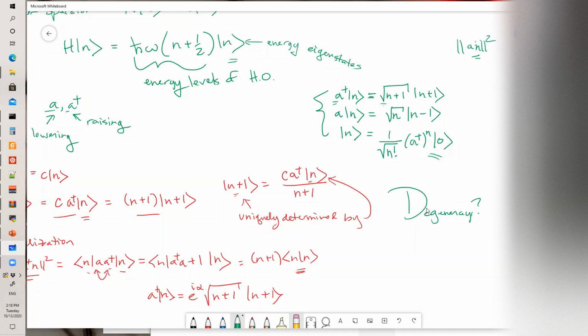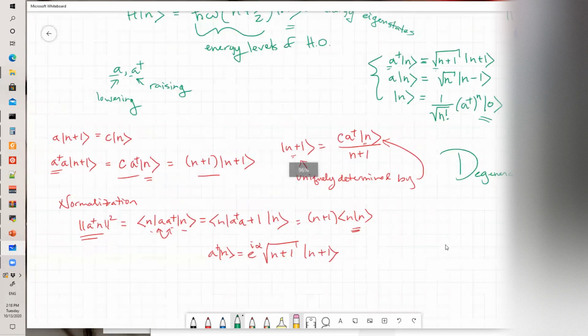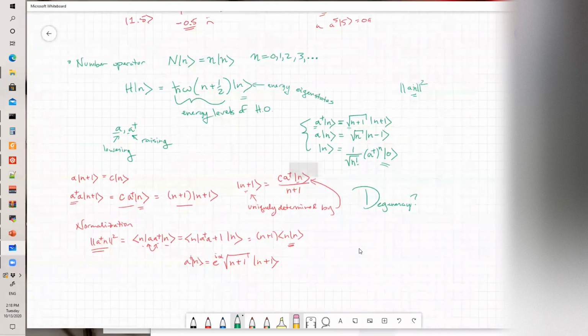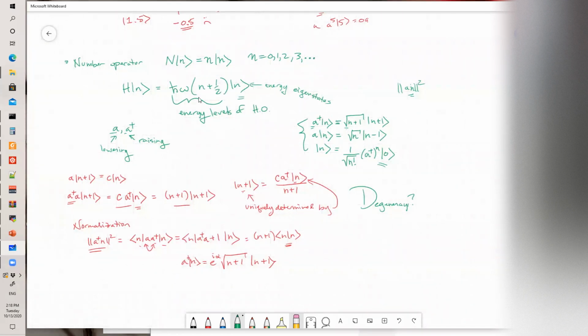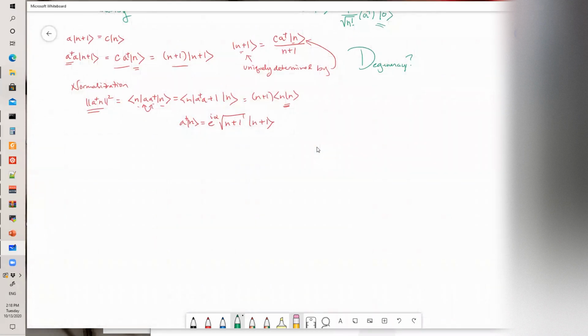The way you do that is you have to go back to wave function land and try to solve for the ground state there and prove that it's unique. Degeneracy is whether there are multiple states with the same eigenvalue. So let's talk about the ground state degeneracy.